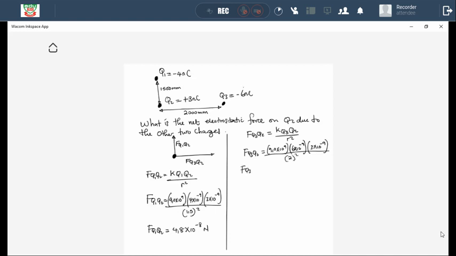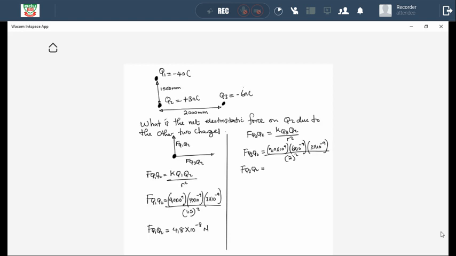So my F Q3Q2 is equal to, I need my calculator again. Right, then I need that fraction. I open twice and then I put 9.0 times 10 to the power 9. I close, right? I open 6 times 10 to the power minus 9. I close, right?